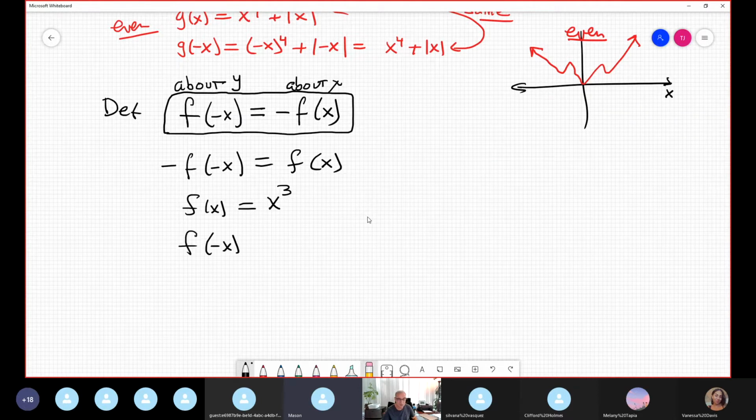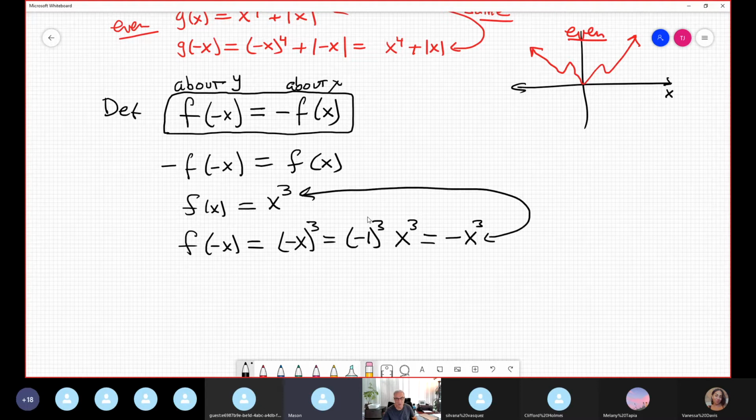Replace x with negative x and see what happens. Negative x cubed is equivalent to negative 1 cubed times x cubed. Negative 1 cubed is negative 1, so it's negative x cubed. We compare this with the original. It's not the same. It's completely the opposite sign. Therefore, it's odd.